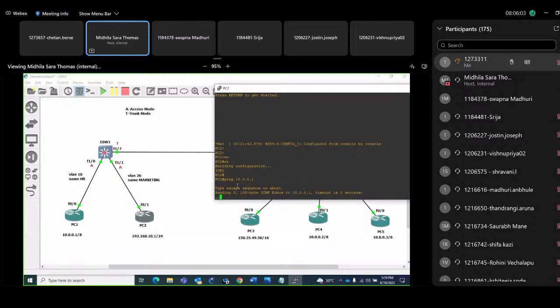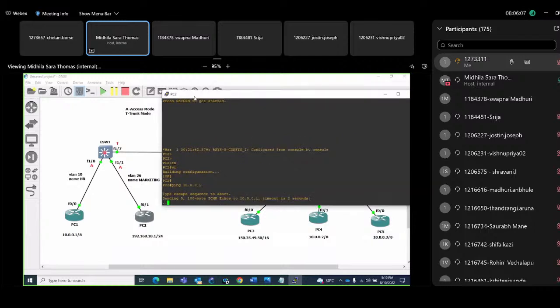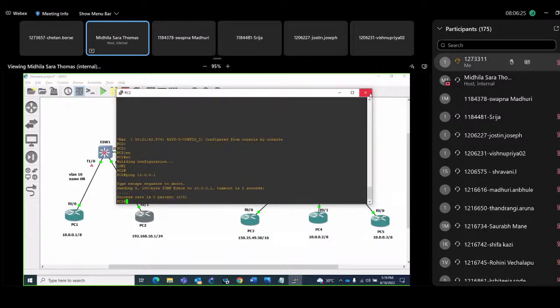Yeah, that's it. Now you can practice. Of course, everywhere your final agenda is to ping, right? But when you do routing also, if ping works correctly, great. Yeah, it won't ping.